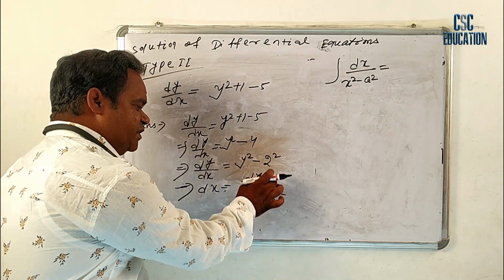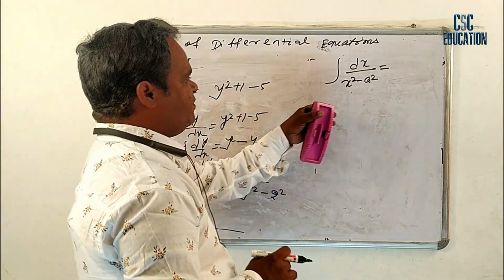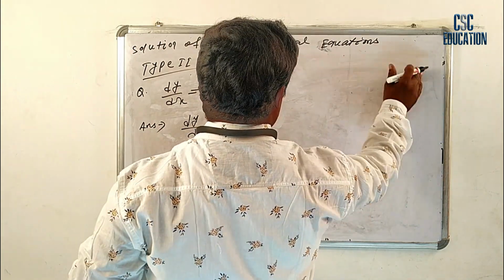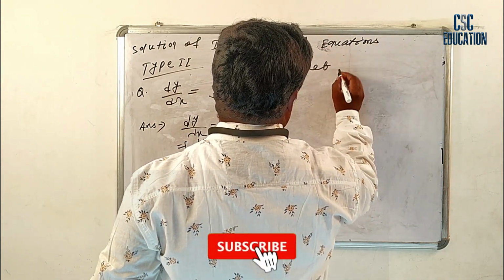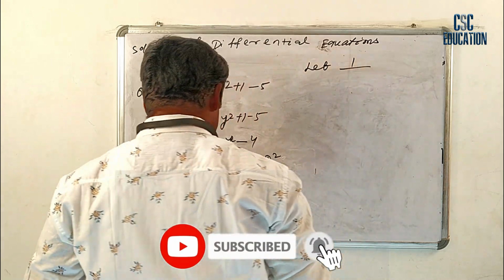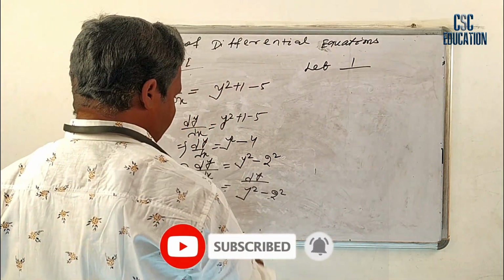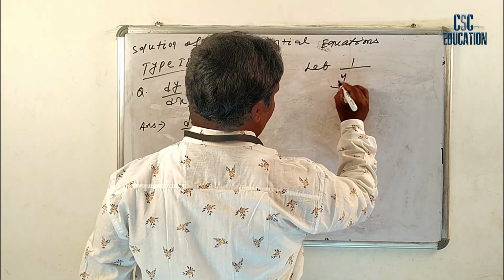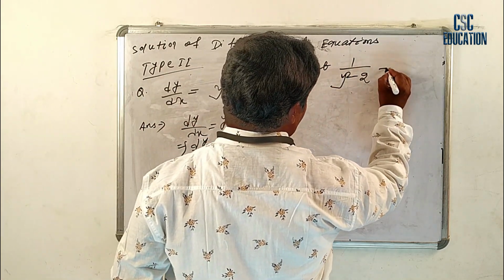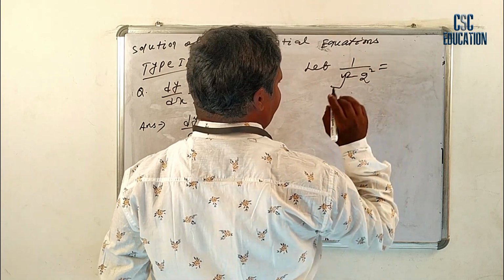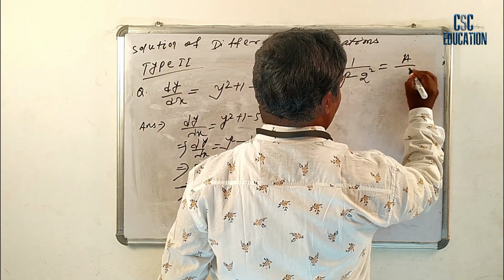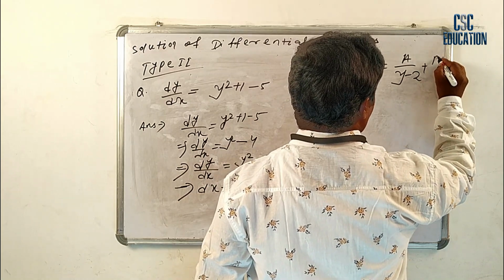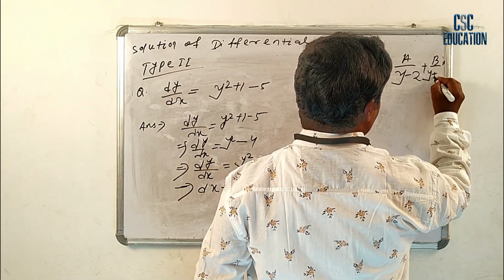We solve it using partial fractions. Let 1 divided by y square minus 2 square equal a divided by y minus 2 plus b divided by y plus 2.